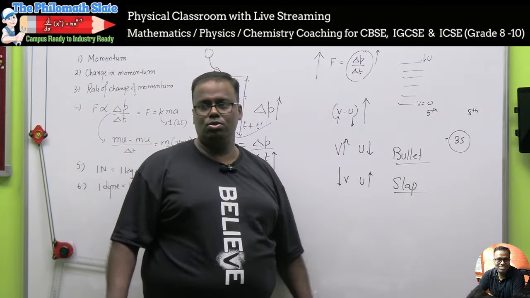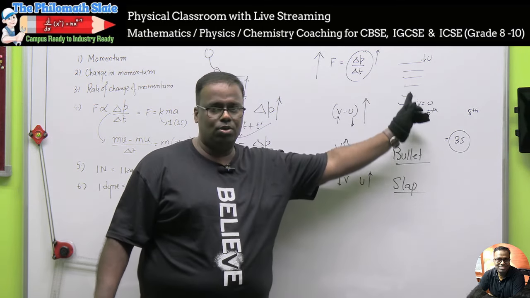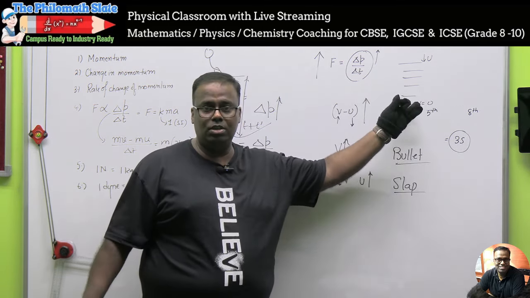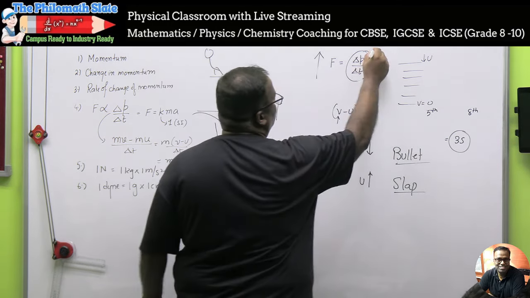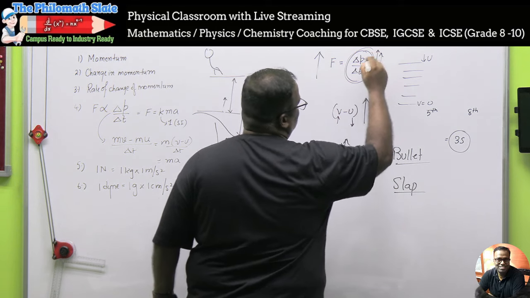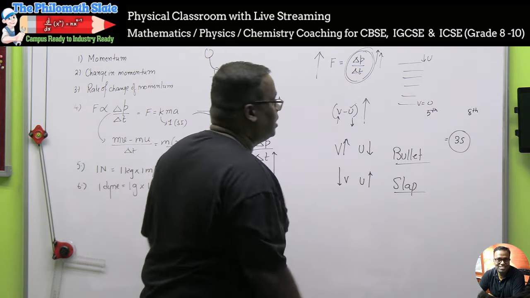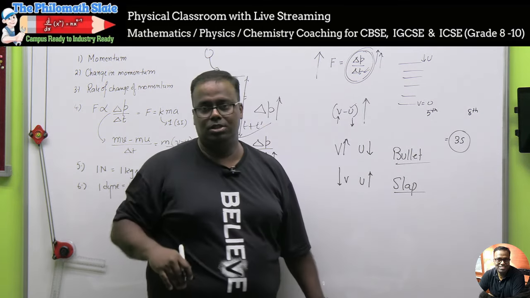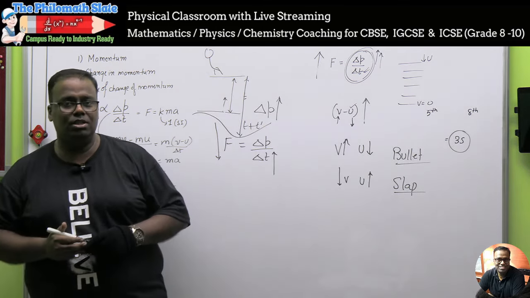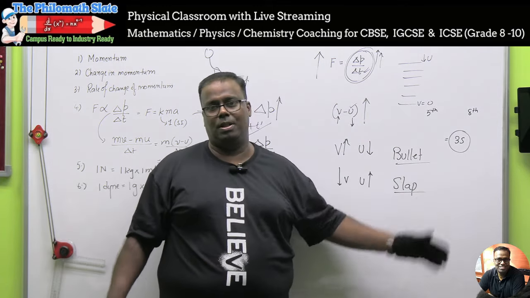So what he has to do? Increase the force, only then will all this break. The force that is acting on all the tiles has to be more. Then only they will break. So if the force has to be more, then he has to overall increase this quantity. He can definitely increase the initial velocity by starting with a great swing. But what he should do is do it very fast. Reduce the time. If he reduces the time, the force will increase and everything will break with a bang.